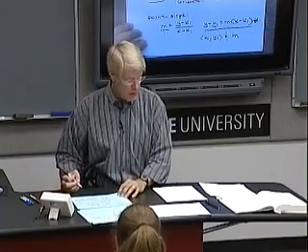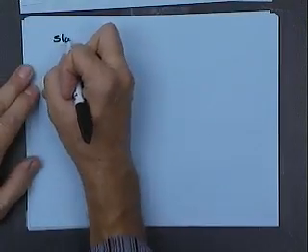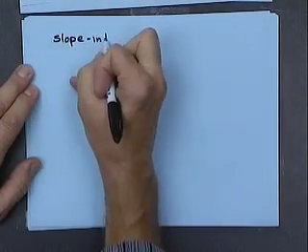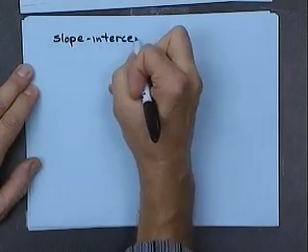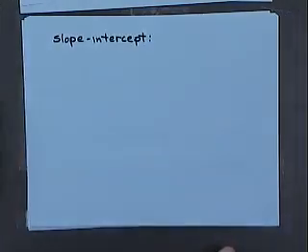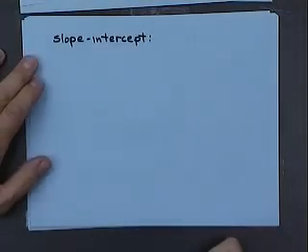Slope intercept. That's a pretty easy version to graph from, is slope-intercept.